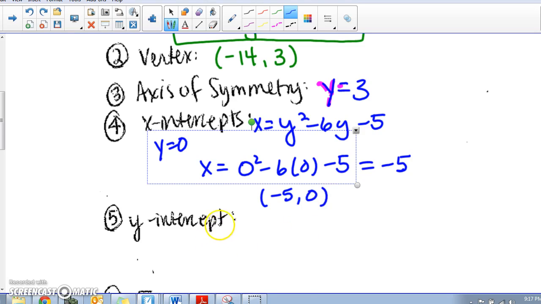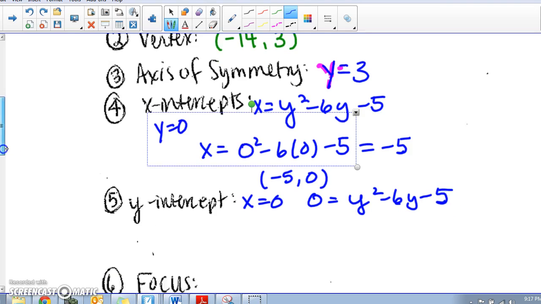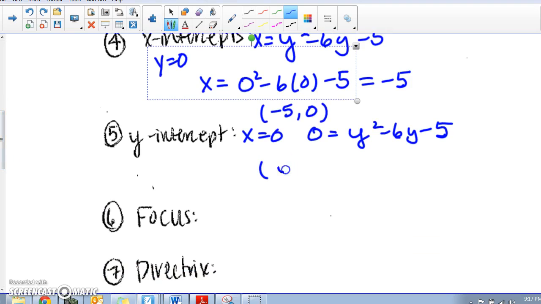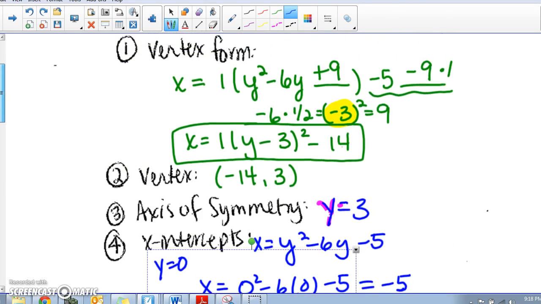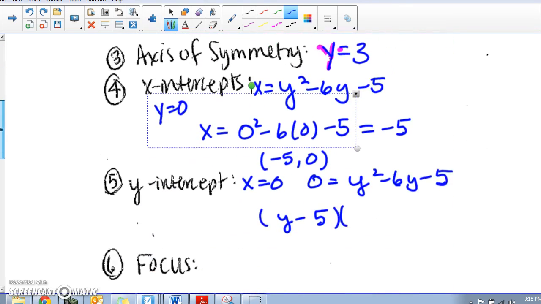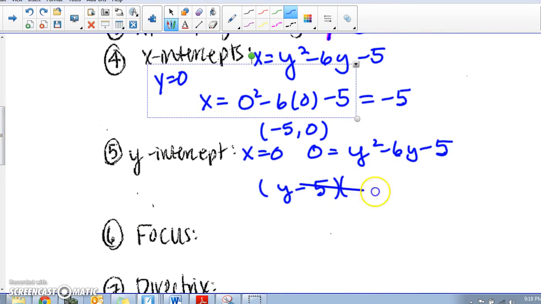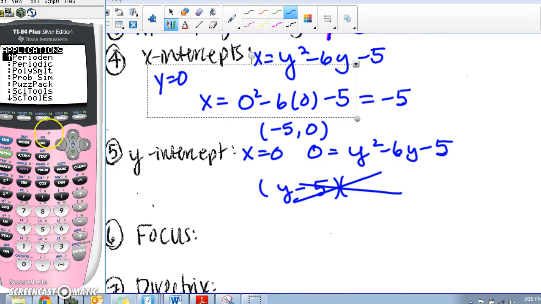Y-intercepts this time, though, will be where you have to factor, because it's when x is 0. So your squared is with the y this time. And again, you can factor, quadratic formula, Poly Smolt. I find that this one actually will not factor. So I'm just going to use Poly Smolt.